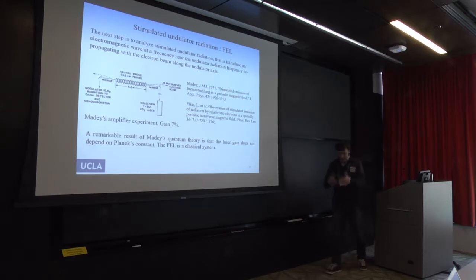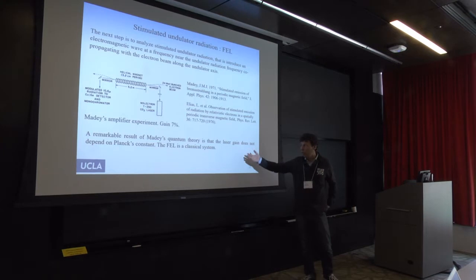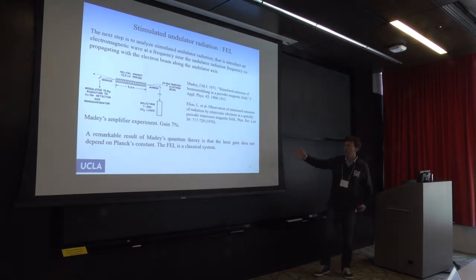So the idea here is to try to get this bunching factor to be large, so that we can take advantage of this very large gain in the produced radiation. The analysis of the stimulated undulator radiation was first done by Madey in the 70s, and he actually analyzed this system from the quantum point of view, but it turns out that the system is fully classical, and that's what I will discuss.